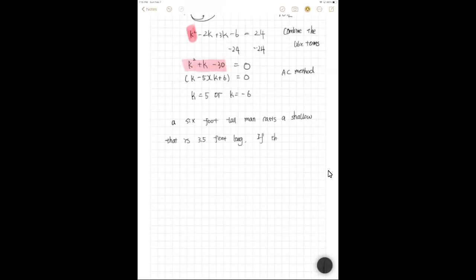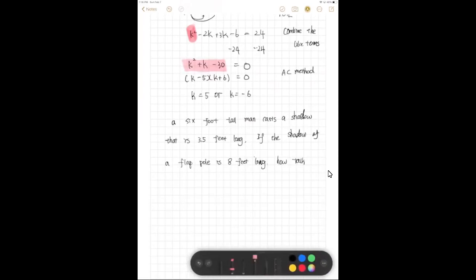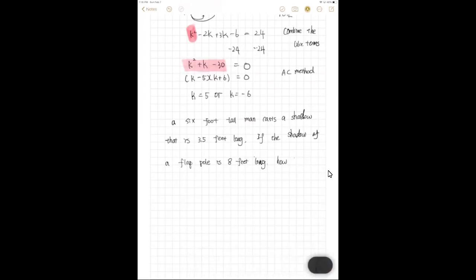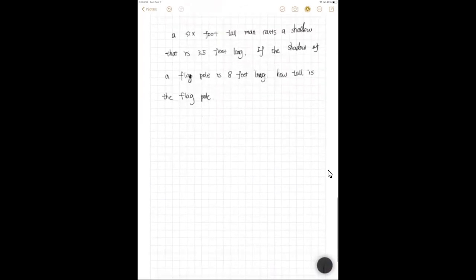And then if the shadow of a flagpole is 8 feet long, how tall is the flagpole? So, okay, what does that mean?